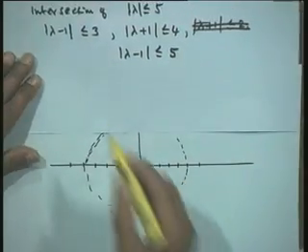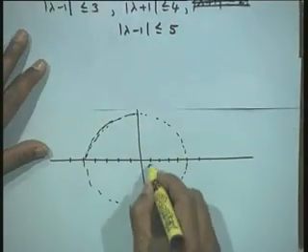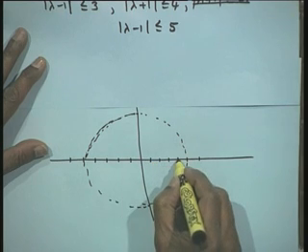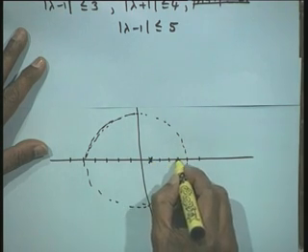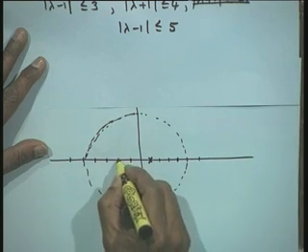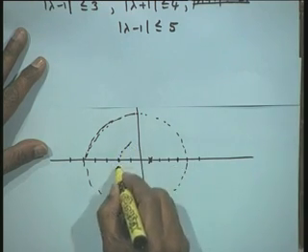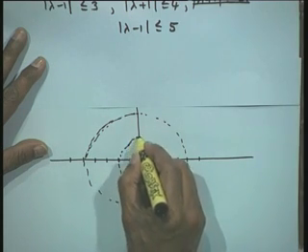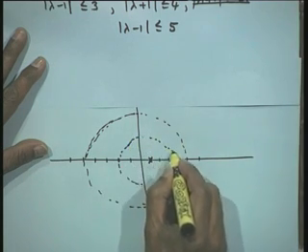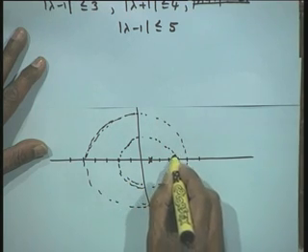Now, the second one has center at 1 and radius 3. This is the center, it goes through this and it goes to this. Well, it is not very beautiful, but it will be more accurate.